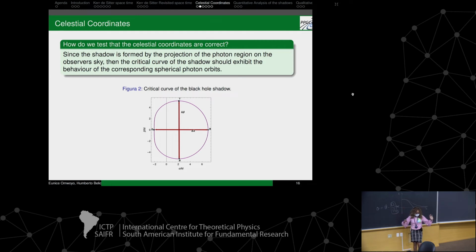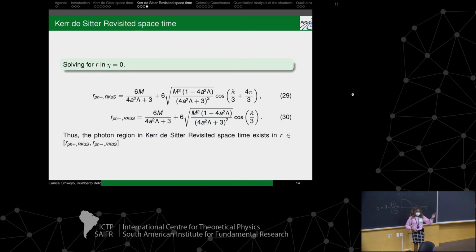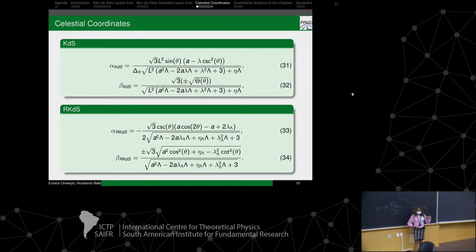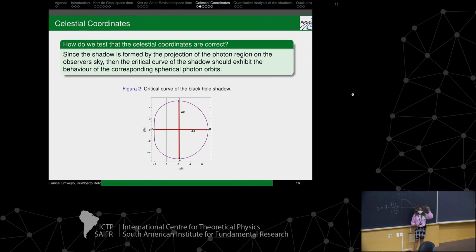So we've seen about these orbits having a lower bound and upper bound. And so when they get projected in the sky, each of these orbits goes to a specific place. So this curve, you can think of it as a collection of various radii of the spherical photon region.